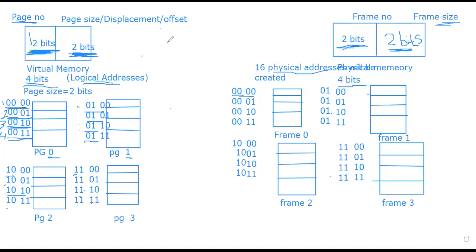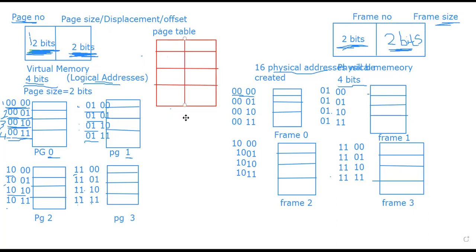So I am going to explain the important thing here, that is the page table. Our page table consists of which page number will be mapped to which frame number. That is the page table's responsibility. Let me have 2 columns.